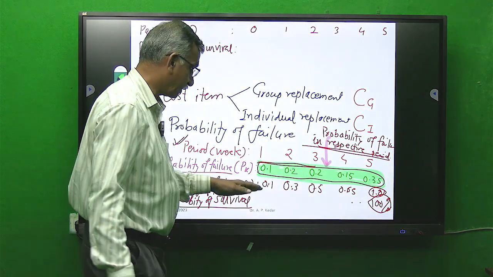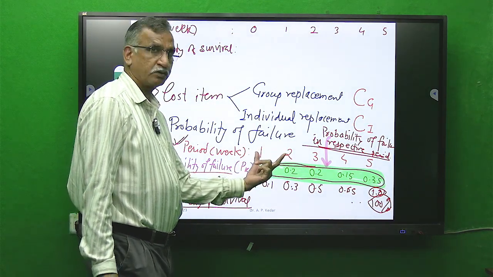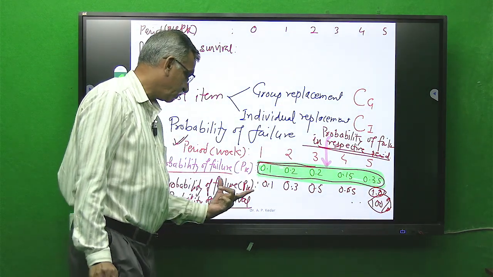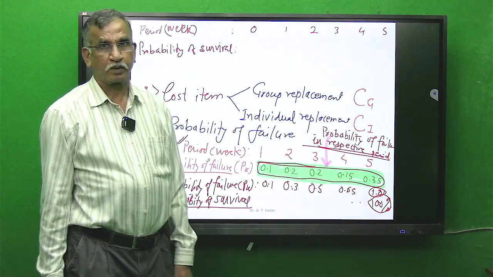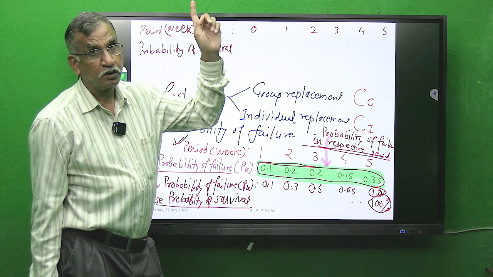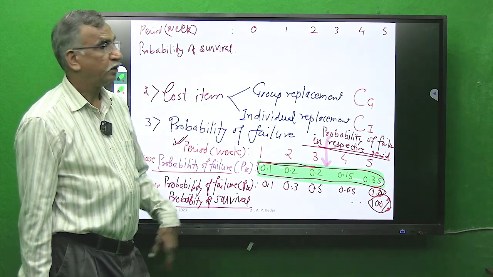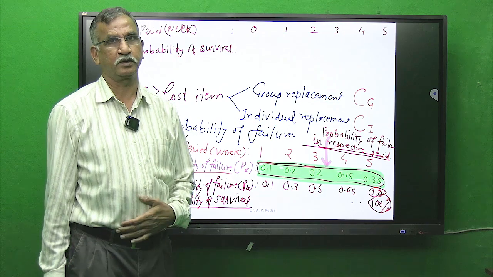See students, here I have not started from 0 in the first case; week starts from 1. In the second case also, where probability ends with 1, it starts with 1. But when it is probability of survival, it starts with 0, the present moment.